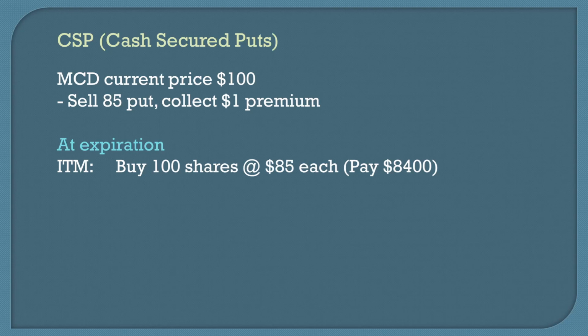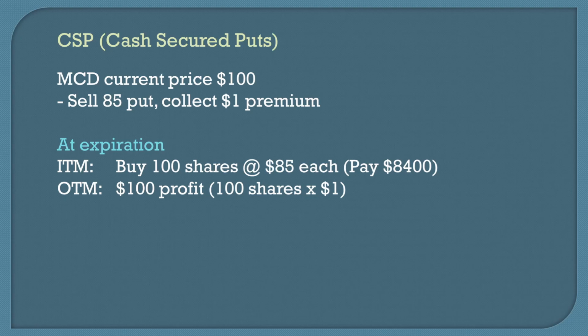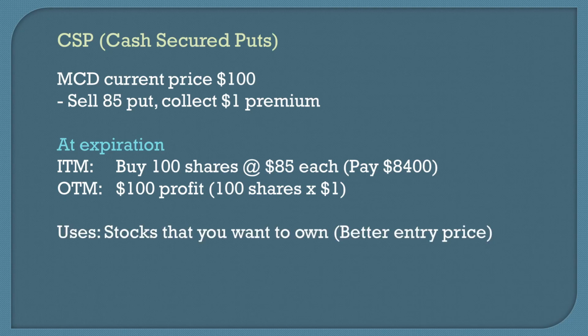However, in the other scenario, if McDonald's actually stayed above $85 at expiration, the 85 put that you sold is actually worthless and your profit is now $100 from selling the option. So the advantage of using a CSP is it lets you get a better entry price for stocks that you want to own.